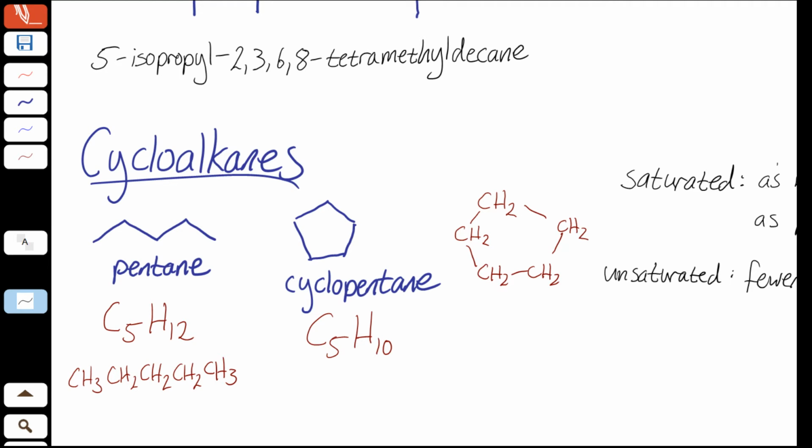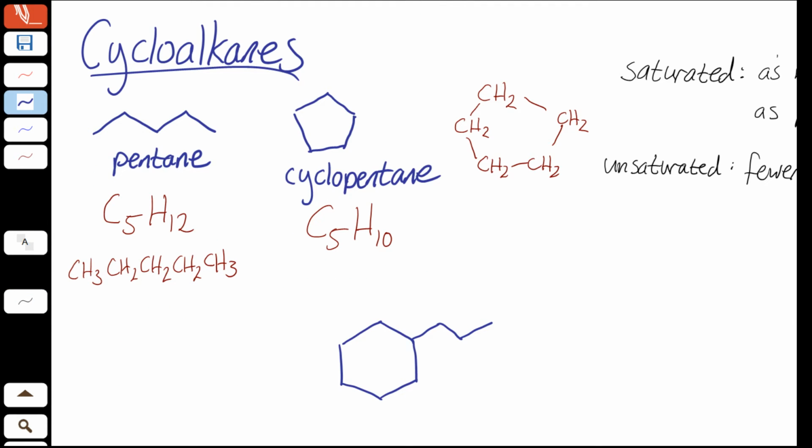So if you have a structure like this, and you're trying to name it, you can't go like this: 1, 2, 3, 4, 5, 6, 7. That's not the parent because that's not one thing. That's like part of it's in the ring and part of it's on the thing that's coming off the ring. So we can't do that.